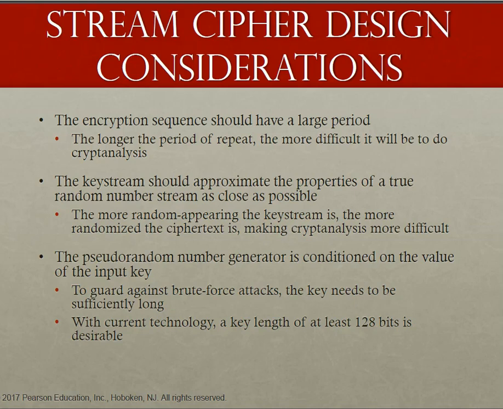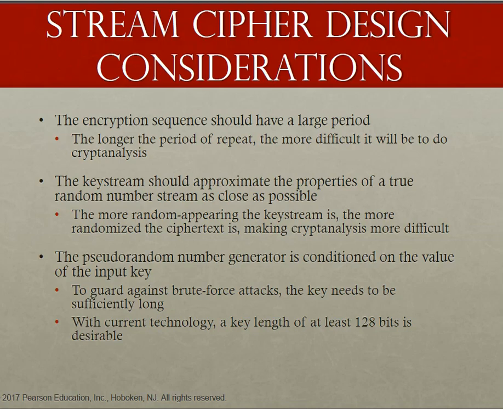So Kumar, we call it the KUM 897, lists the following important design considerations for a stream cipher. We're going to talk about the stream cipher considerations. The first one is the encryption sequence should have a large period. A pseudo-random number generator uses a function that produces a deterministic stream of bits that eventually repeats.